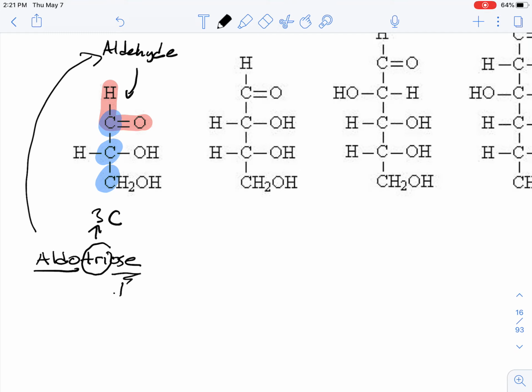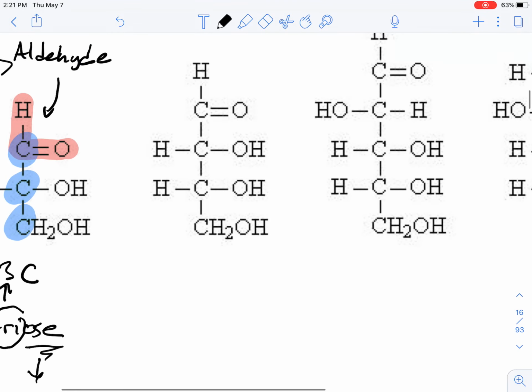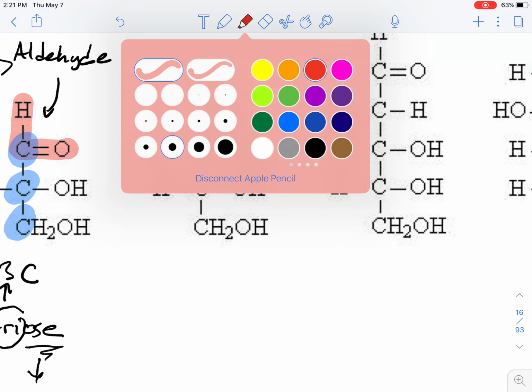Then the -ose ending is the suffix describing that this is a sugar, saccharide, or carbohydrate. So aldotriose is how we classify this 3-carbon carbohydrate with an aldehyde functional group. Let's go through the next one.